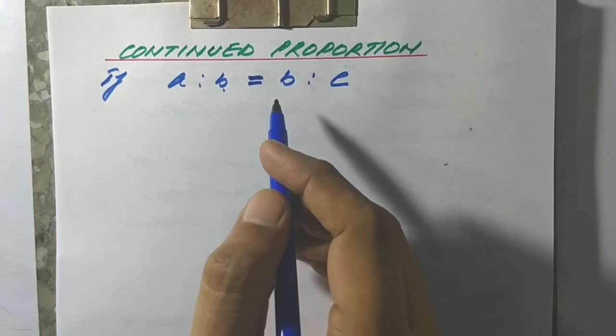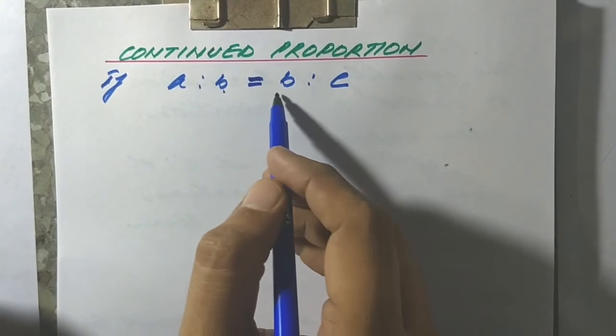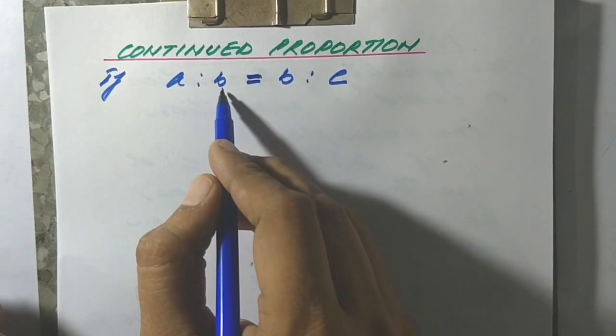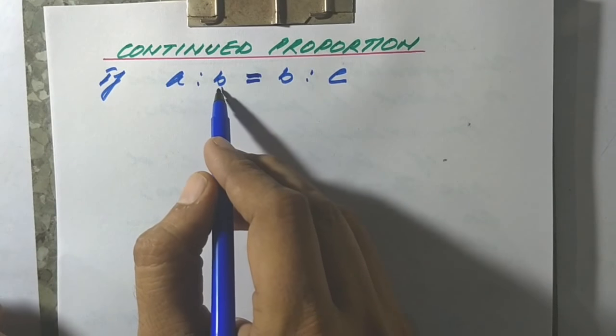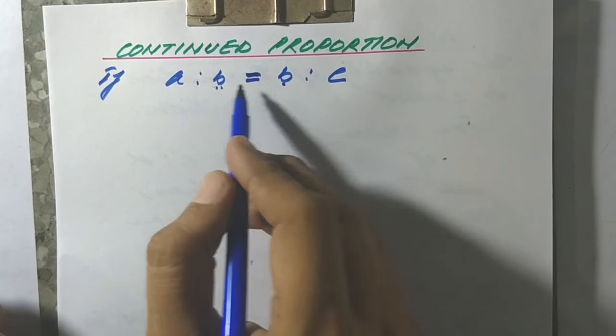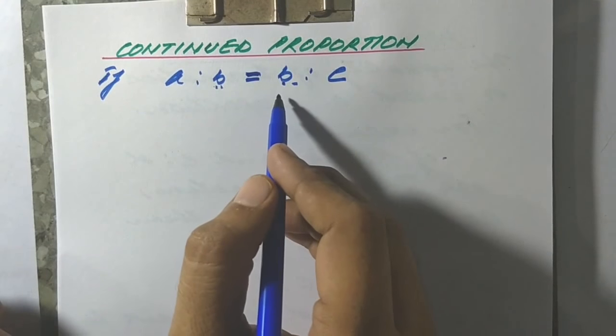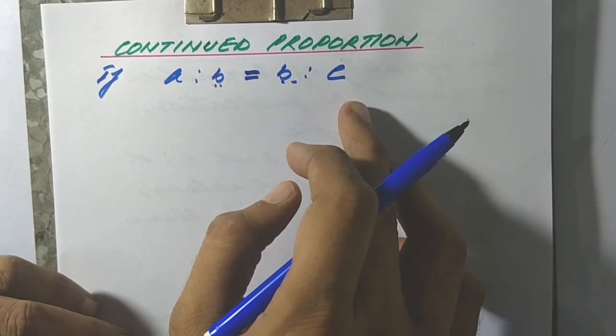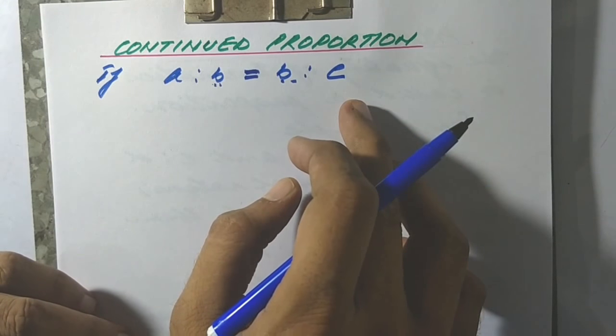Now let us talk about continued proportion. So if A is to B is equal to B is to D, that is if the mean terms are identical to each other, so this is called a continued proportion.